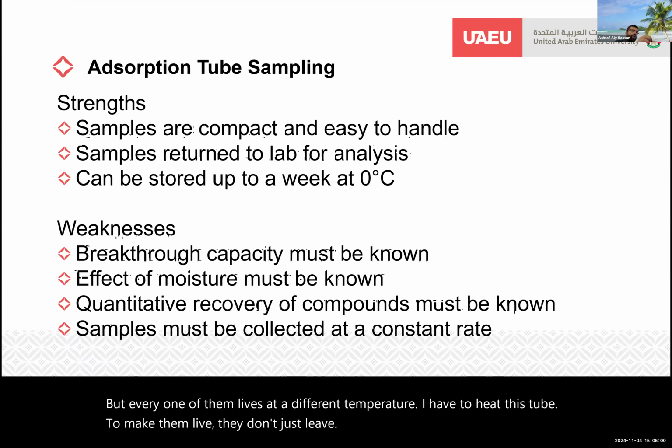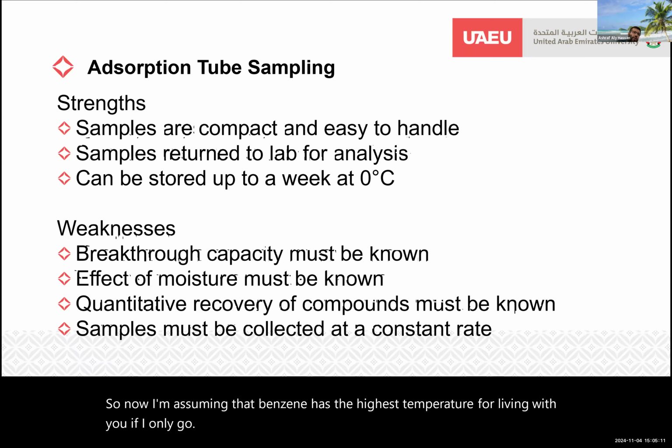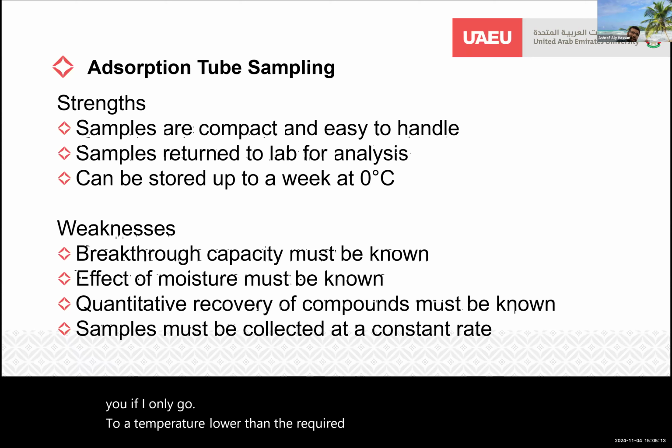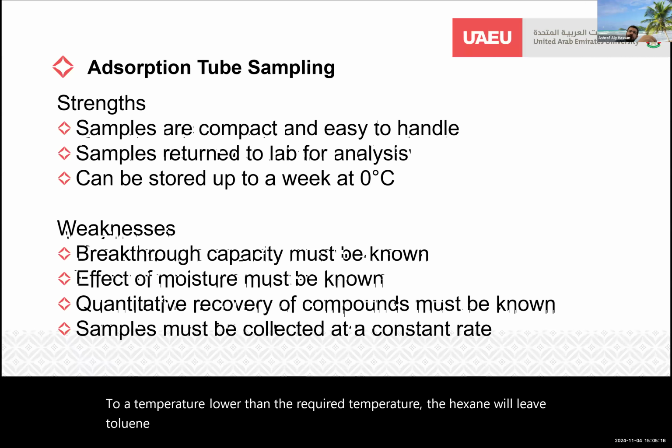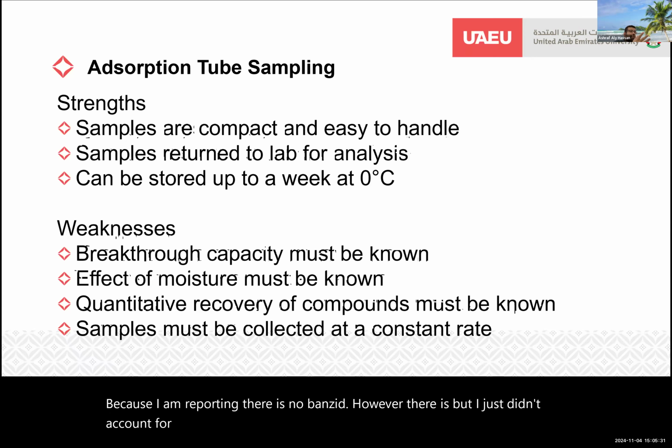Assuming benzene has the highest temperature for leaving the tube, if I only go to a temperature lower than the required temperature, the hexane will leave, toluene will leave, but benzene will still be there. Now I am reporting a false sample because I'm reporting there is no benzene. However, there is, but I just didn't account for it. You see why it's so expensive? Because there's so much you have to be aware of while you are doing this sampling.